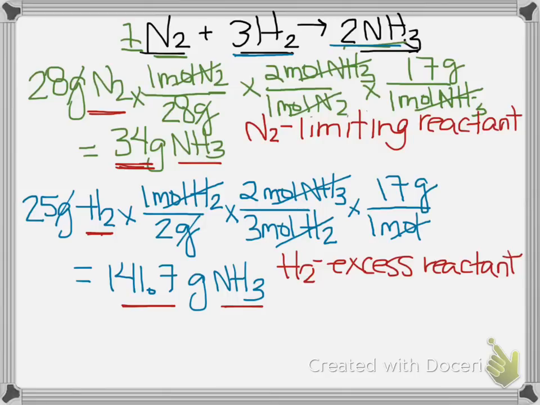But looking at this, we can know that what we call this 34 grams is our theoretical yield, which means that, in theory, the total amount of product you could make in the lab using 28 grams of nitrogen and 25 grams of hydrogen is 34 grams of ammonia.